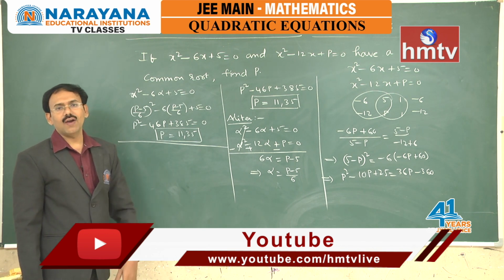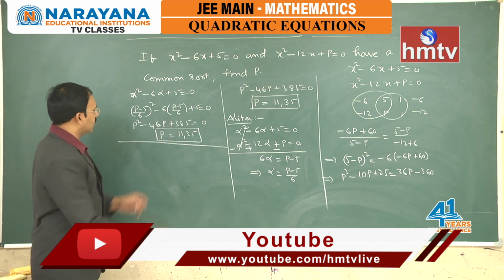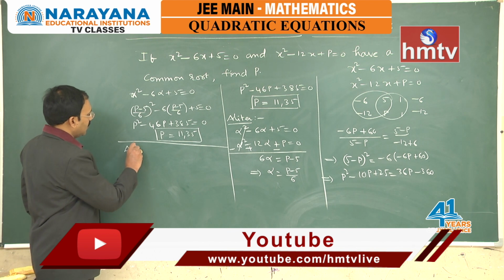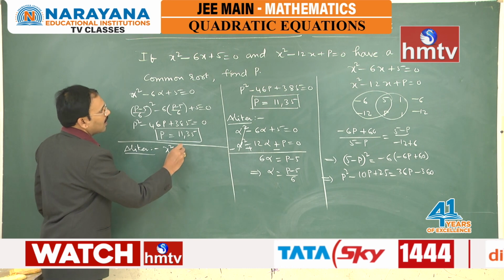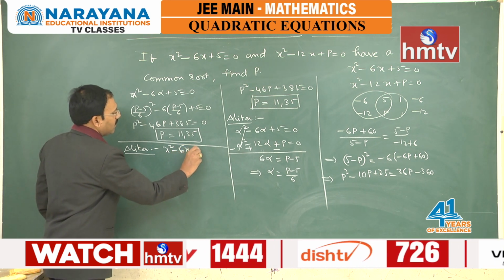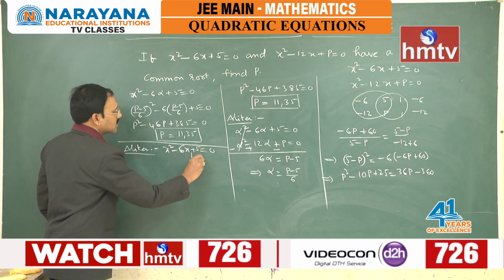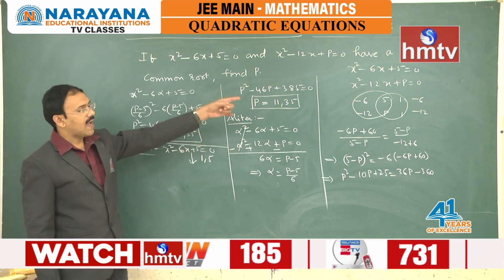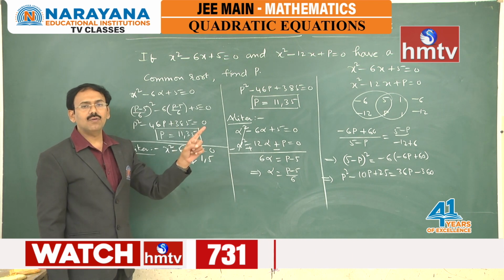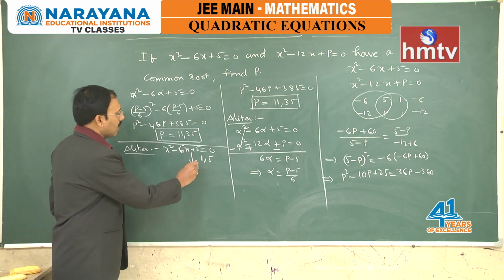I can also give another method. For the first equation, x square minus 6x plus 5 equal to 0, the roots are 1 comma 5. Now, if they have a common root, the common root can be either 1 or 5.